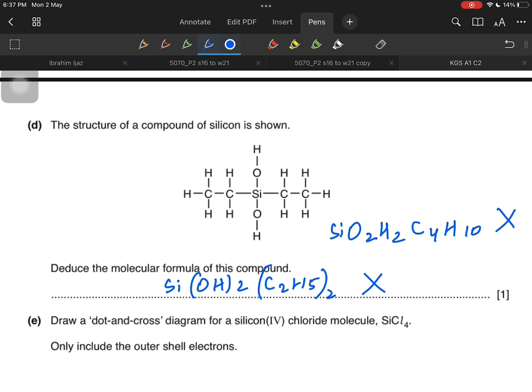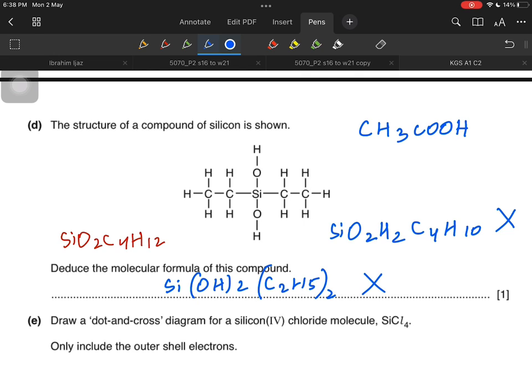You don't have to give reference to the structure. The correct formula should be Si, then there are 2 O's, there are 4 C's, and there are 12 H's. Make sure you do that. Each element should be written only once. For example, in carboxylic acid, people write it like this, CH3COOH.